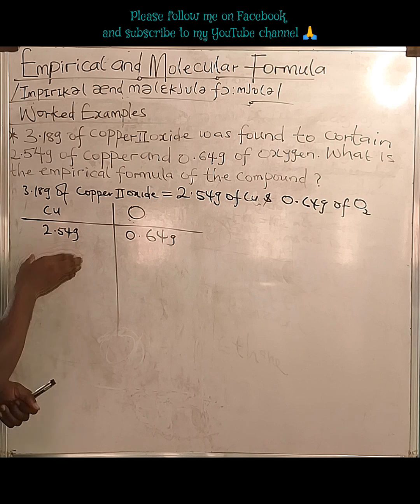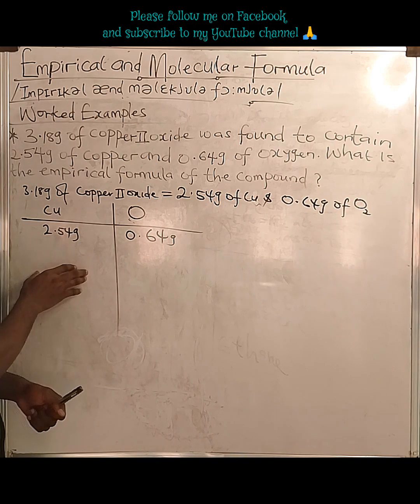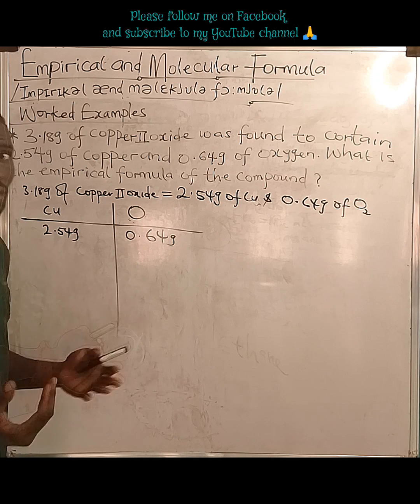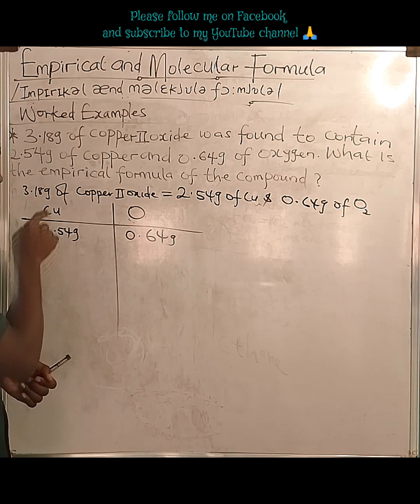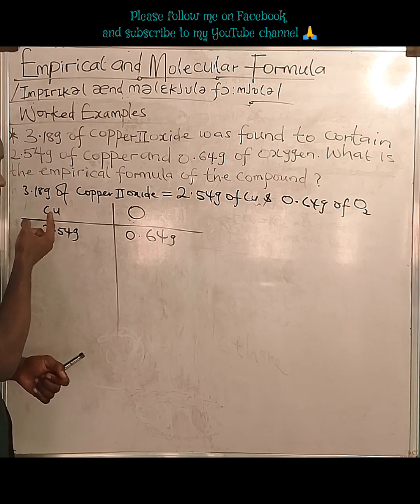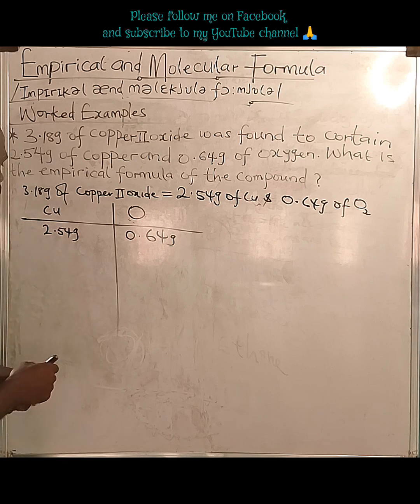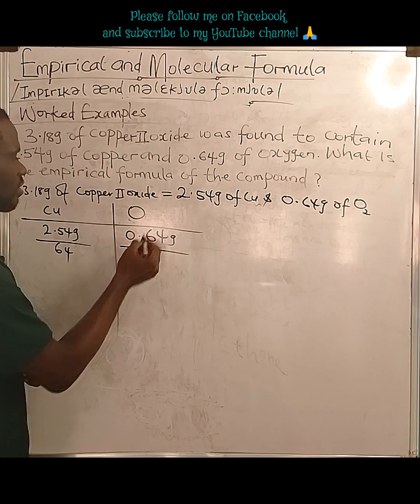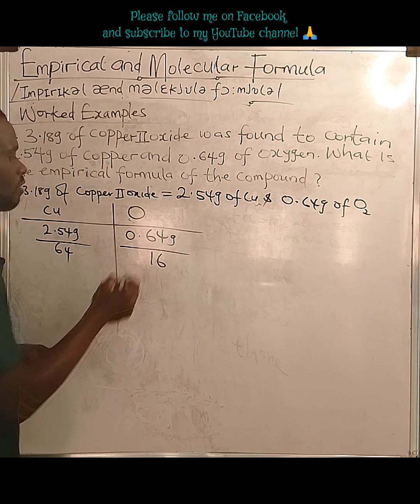Mole is mass over molar mass. You could also call it mass over atomic mass. It depends if you have just one atom of the compound we're talking about, like let's say just an atom of copper. So what's the atomic mass of copper? It is 64. So 2.54, I beg your pardon, over 64, while oxygen is 0.64 over 16.